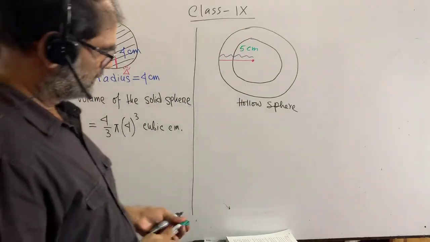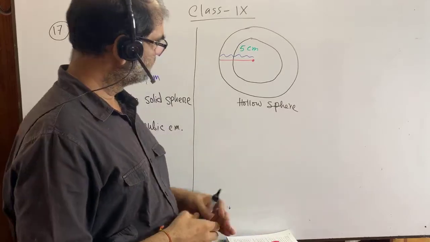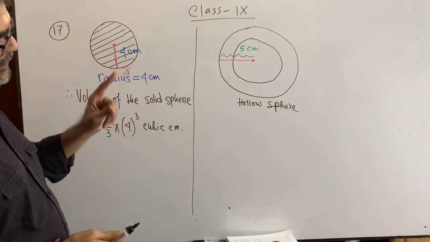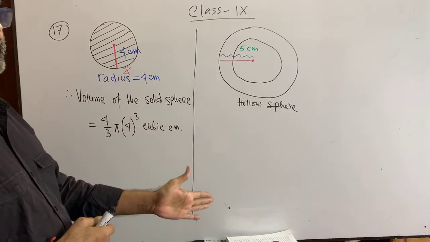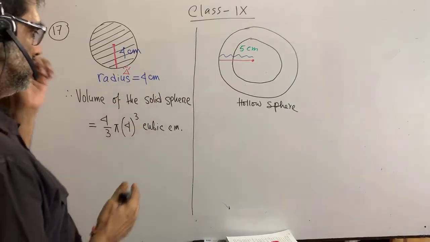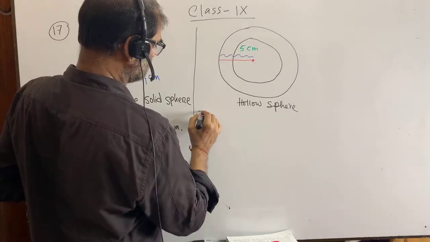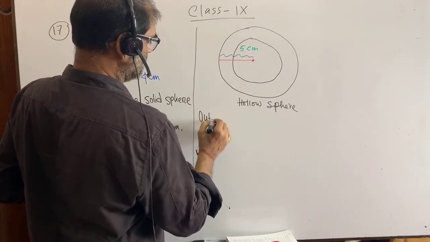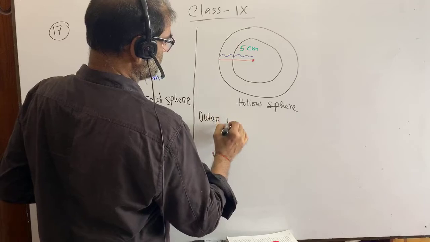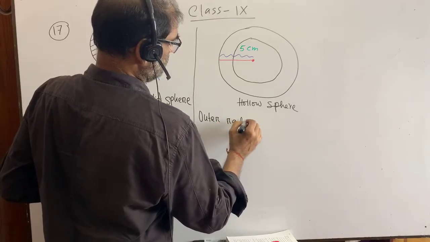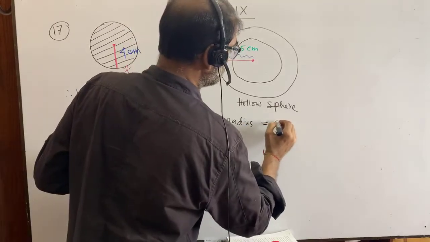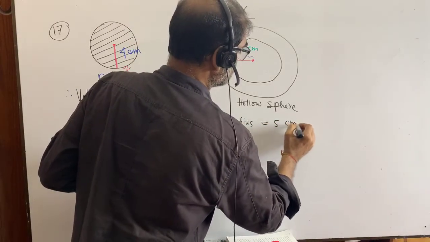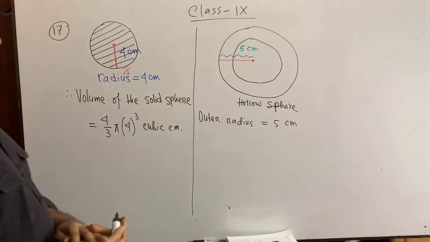Please try to understand what I have written here. The outer radius of the hollow sphere is given in the question as 5 centimeter. Write down here, outer radius of the hollow sphere is equal to 5 centimeter, right?